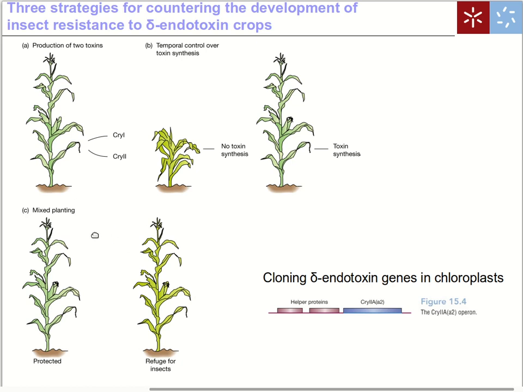Insects will try to eat both, but they will prefer the non-toxic plants, and the majority of the insect population will survive on these plants, which means that it's difficult for a resistant gene, a resistant mutant, to establish in the population, since there are so many non-resistant insects in the population.